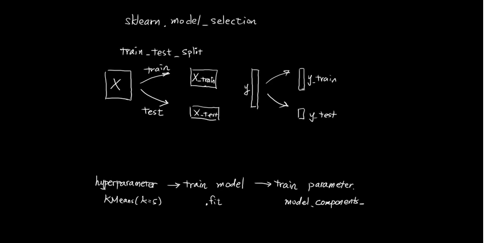So what you are going to do is use X train and Y train to train your model, and after that you can use X test and Y test to check the performance of your model.